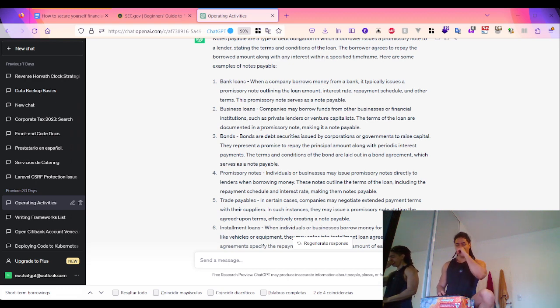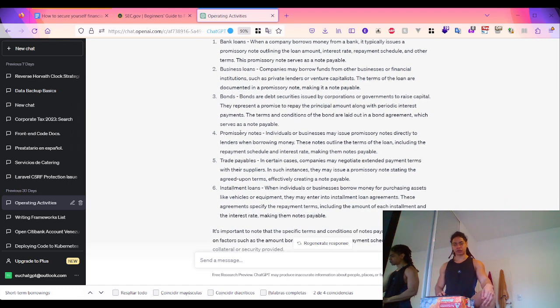Bonds, which are debt securities issued by corporations and governments to raise capital, and again, they issue a note payable. It outlines the principal, the interest rate they need to pay, and the repayment schedule.